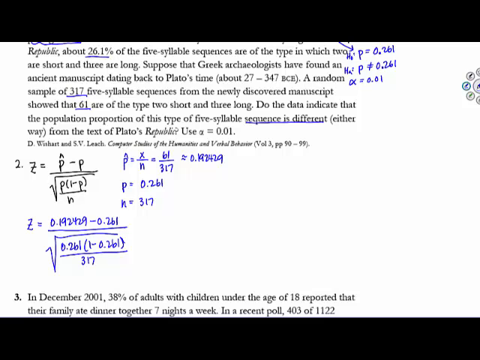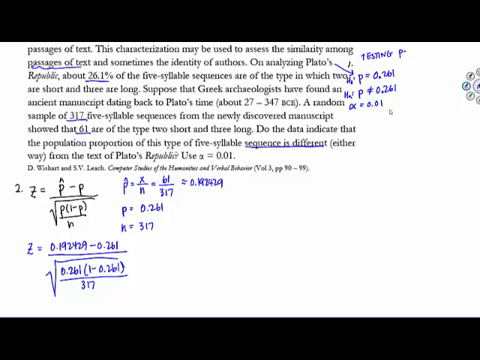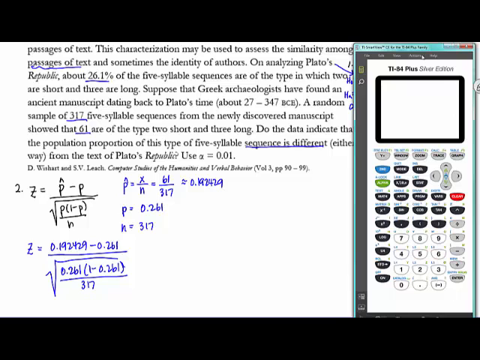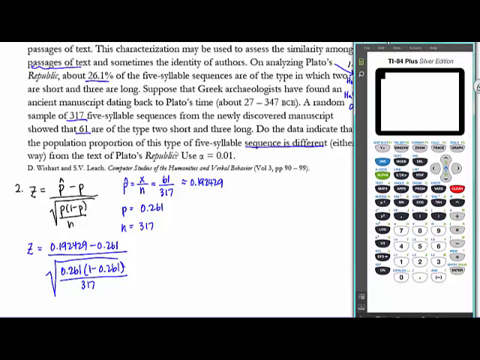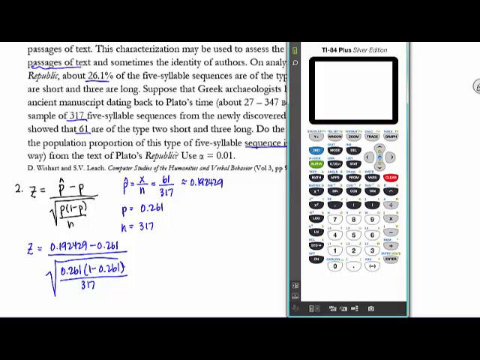To make sure that we get this number as accurate as possible, we're going to keep as many decimal places as we can for p hat or any other number that shows up to be a long decimal. So don't get lazy, use the calculator to your advantage to minimize rounding error, which can cause a lot of frustration when you're messing with the online homework platforms that have a built-in tolerance.